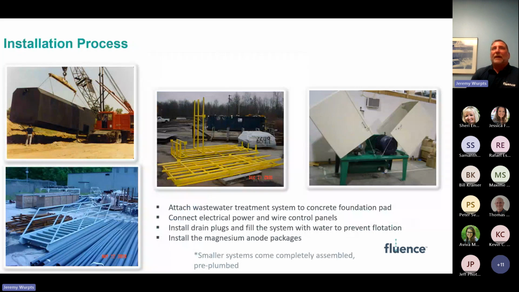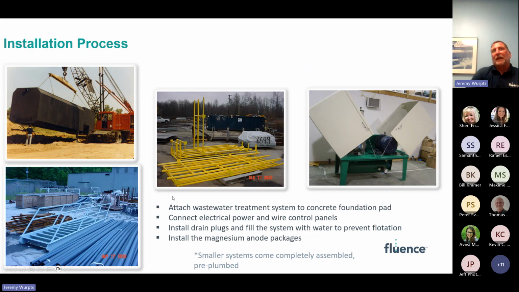So just a little more kind of background on the installation process. Usually we schedule a crane to set the tank in place on the day of delivery. Again, I mentioned the stairs and some of the piping and hand railing are shipped separately. As an example of a blower that would be mounted on top of the tank.